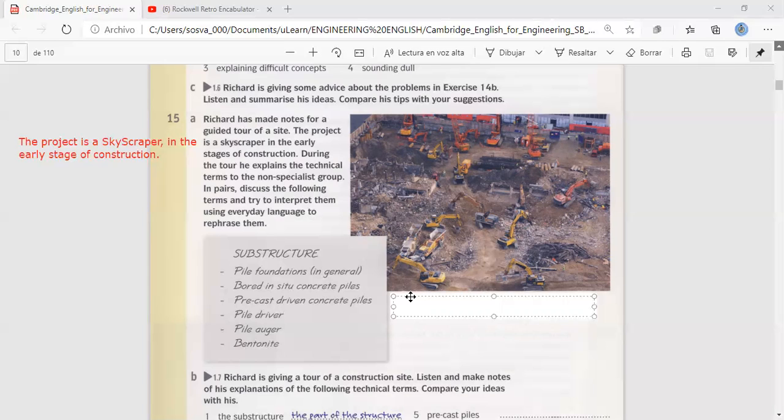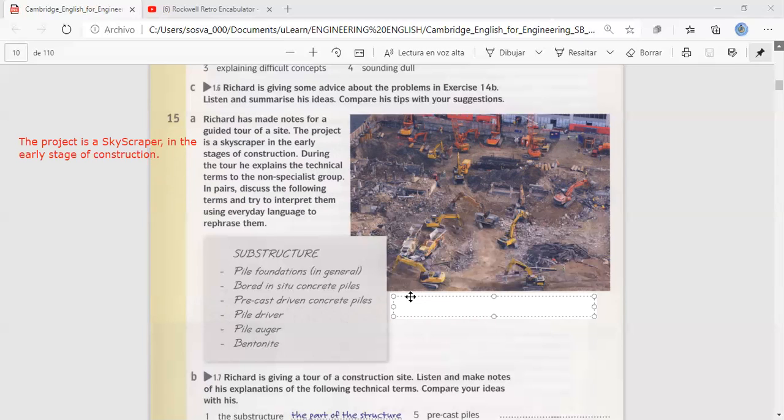Then bored in situ concrete piles. They're talking about the concrete piles, that means the columns, the base. How are they made, or what are they made of?